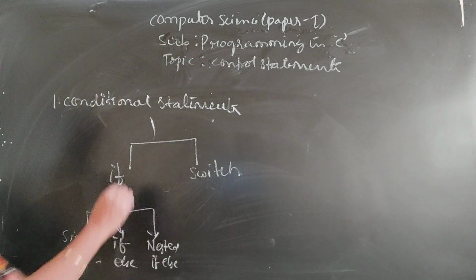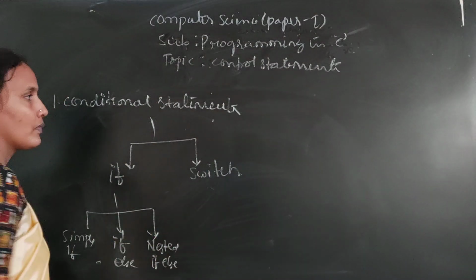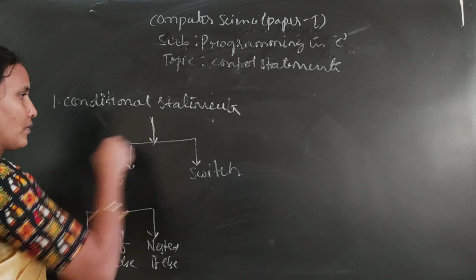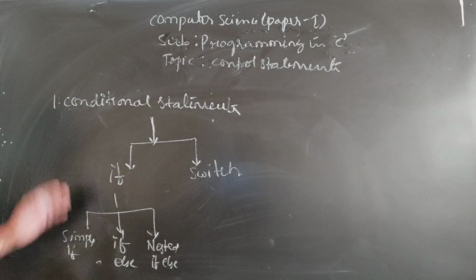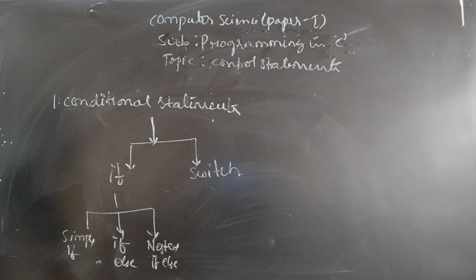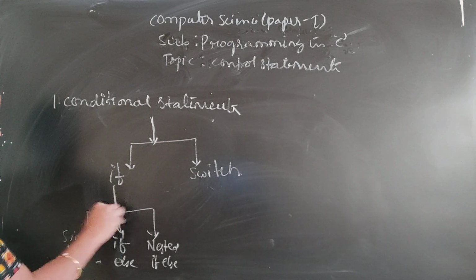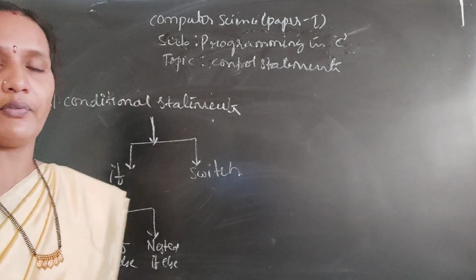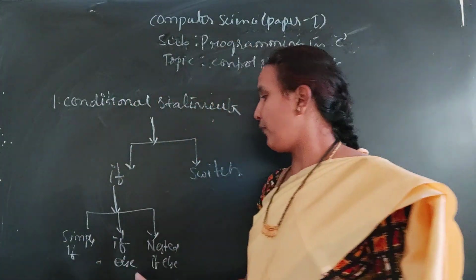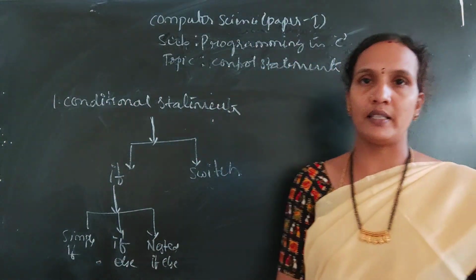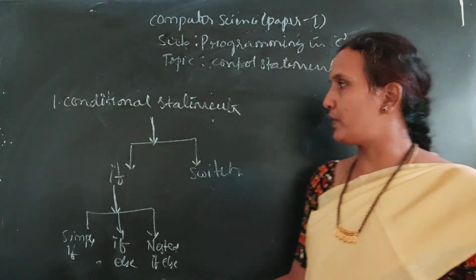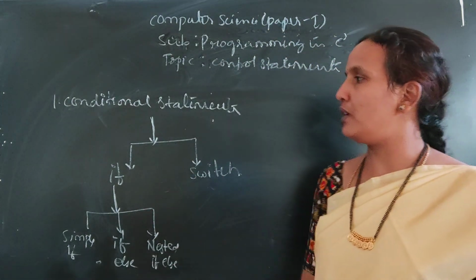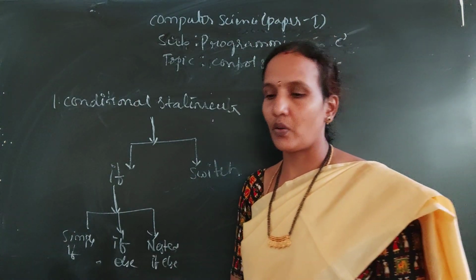Okay, we write this. Okay, conditional statements are of 2 types. Again, if, switch. Again, if is divided into 3 categories. One is a simple if, the next one is if else, third one is a nested if else. Okay, take a screenshot of this. Now I will explain the if statement.